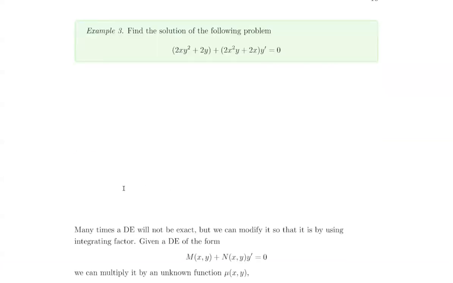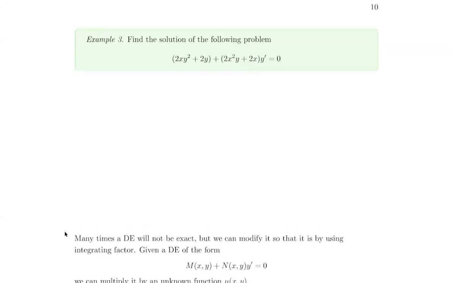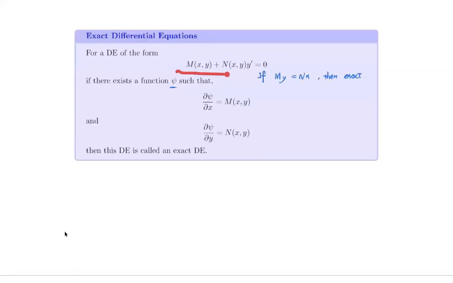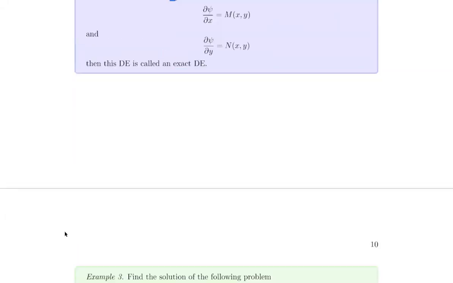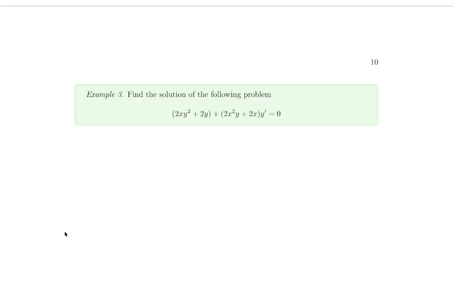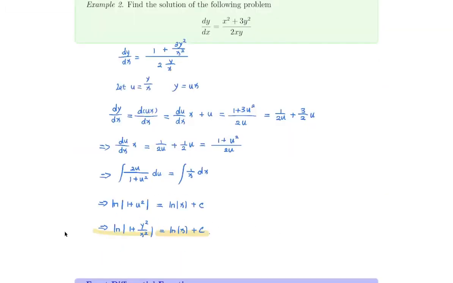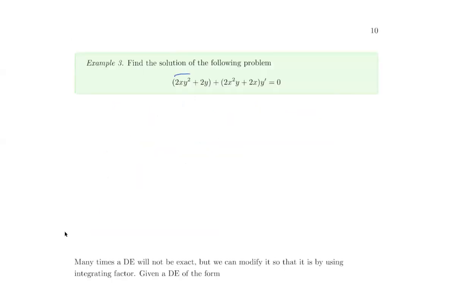So we have an ODE that looks like this. As you can see, this looks exactly like the standard form, which means this is our M and this is our N. Your first step is to check if it's exact.